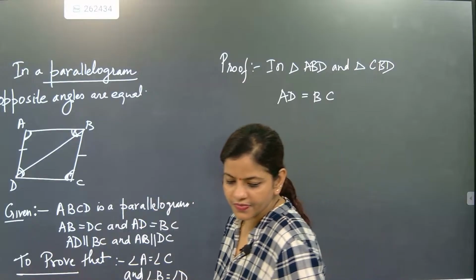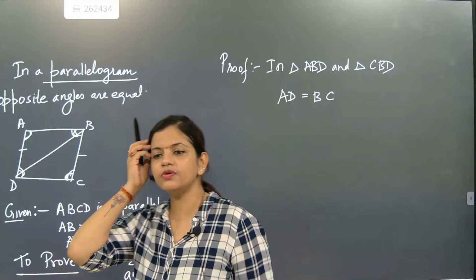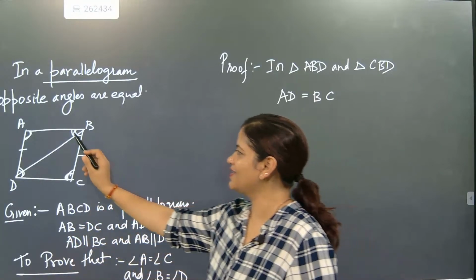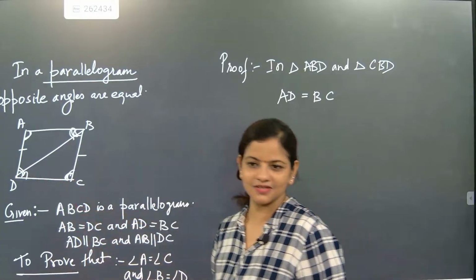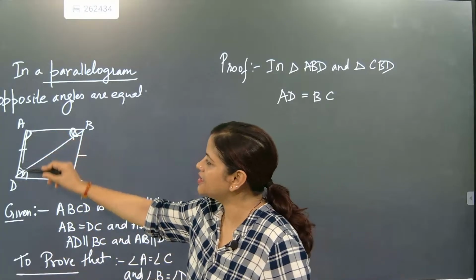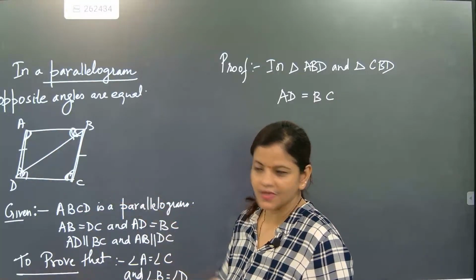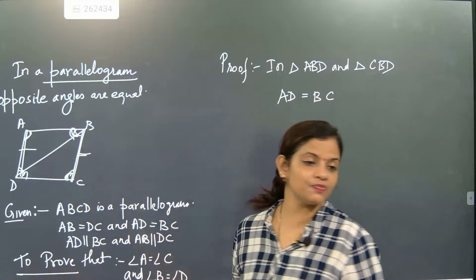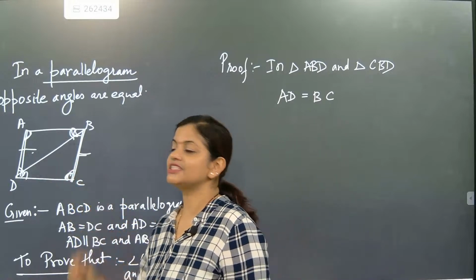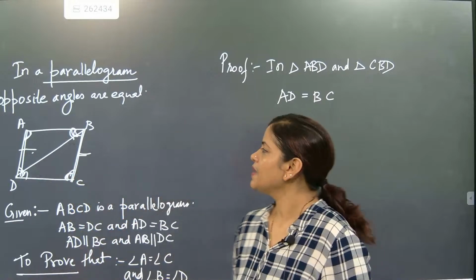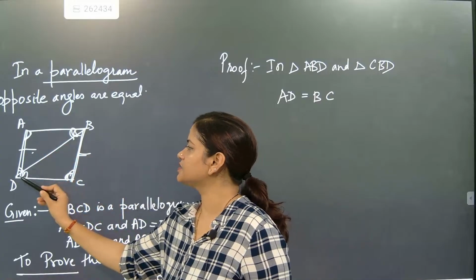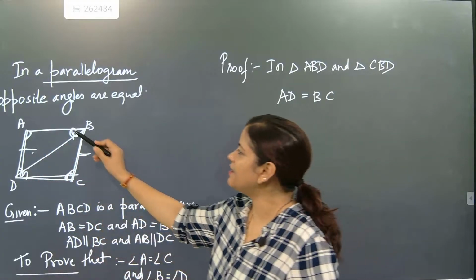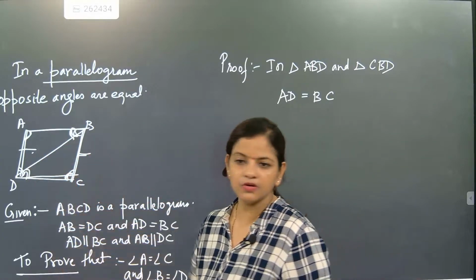Nice only. So now look here. What we are going to do here is understand this one. This will be equal to this, because this is parallel to this. This is equal to this, because parallelogram means opposite sides are parallel and equal. Now this is parallel to this. Got it? So by alternate interior angle, this angle will be equal to this angle.